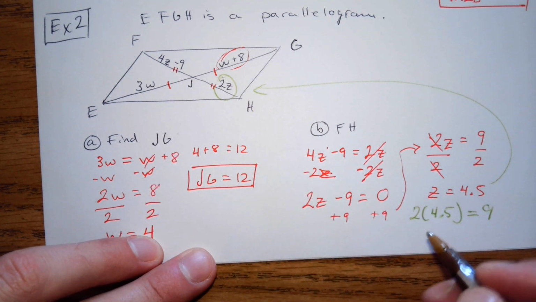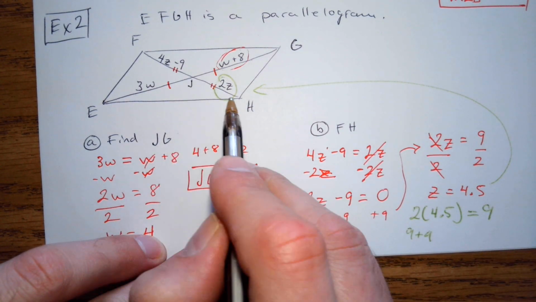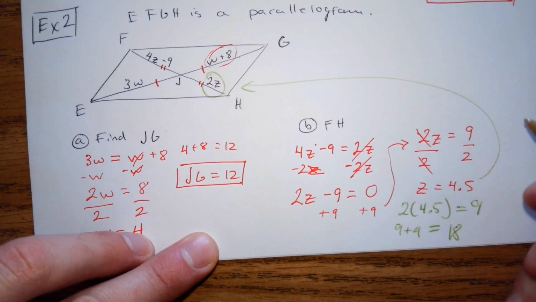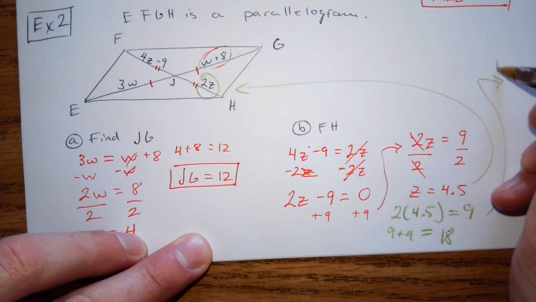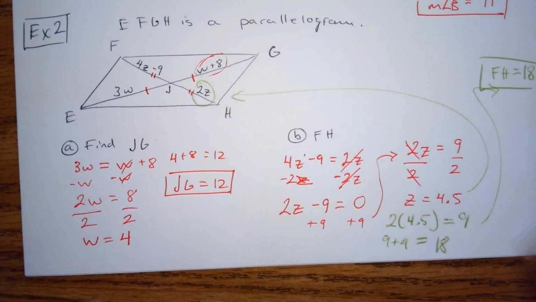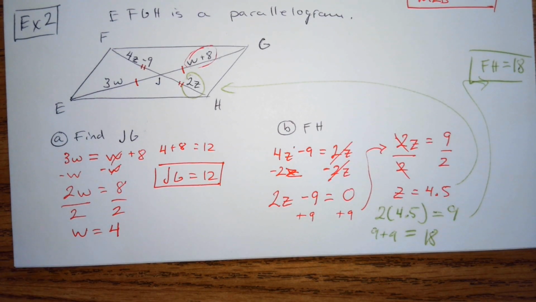So we still get the same thing. So 9 plus 9, that's this plus this, equals 18. Last thing, FH equals 18. So we have both of our answers there. Any questions on that?